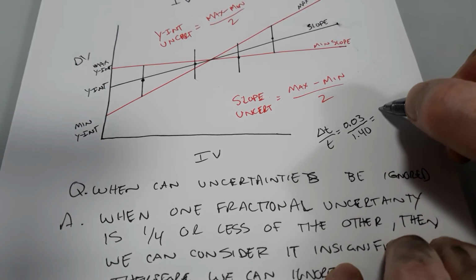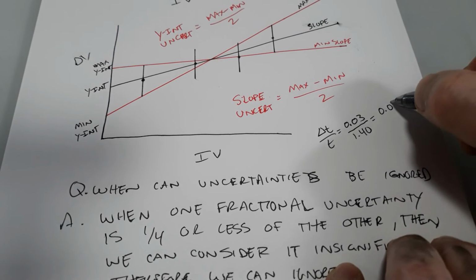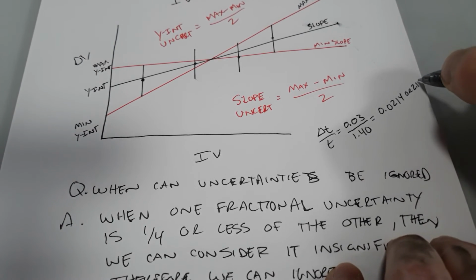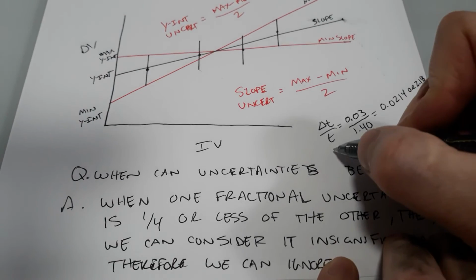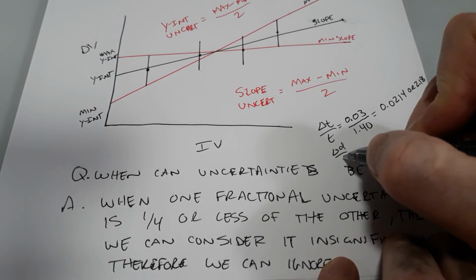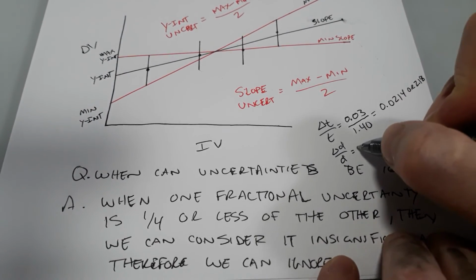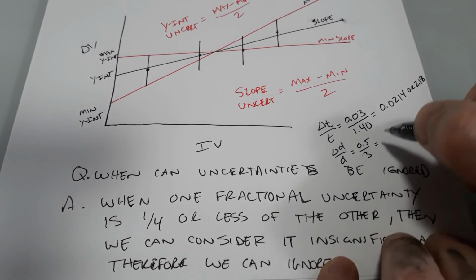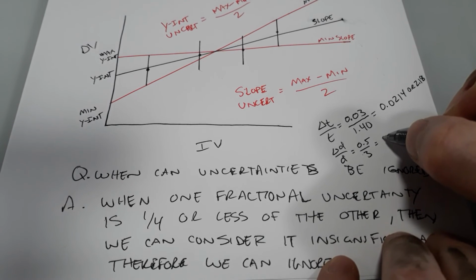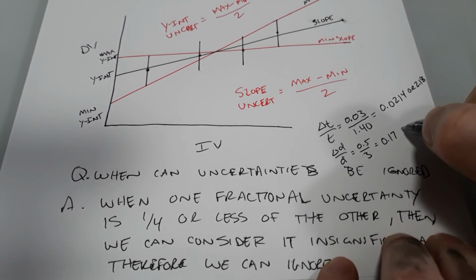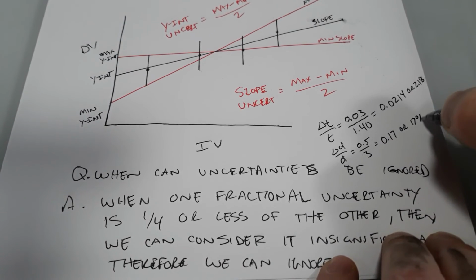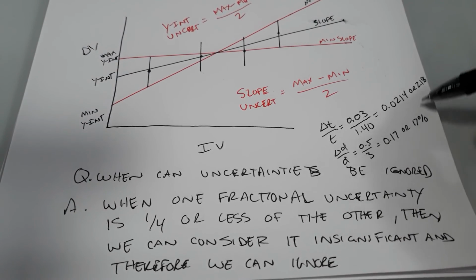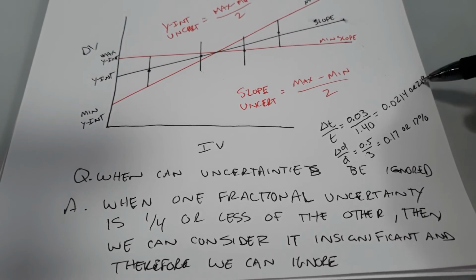Then that would give me a fractional uncertainty of 0.0214 or 2.1%. Okay, let's say that we have the change in distance, and that is equal to 0.5 divided by 3. In that case, the fractional uncertainty is 0.17 or 17%. So look, 17% is way more than 4 times bigger than 2.